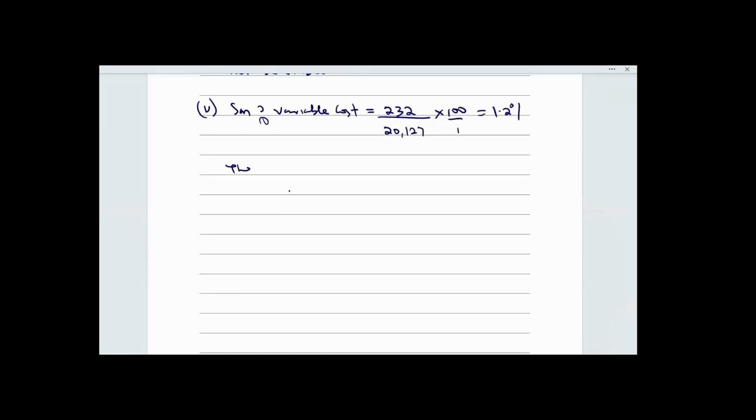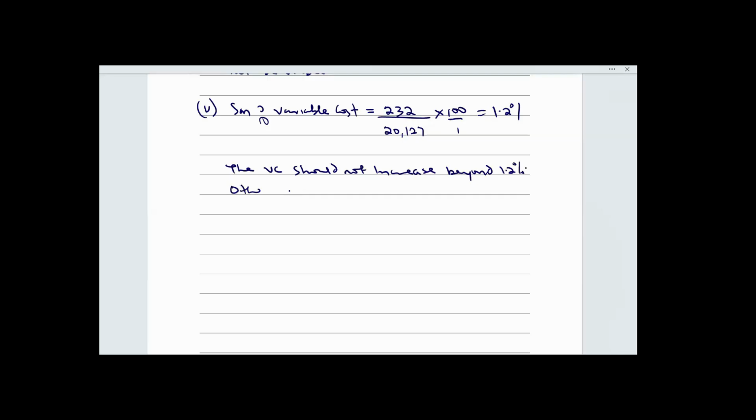So the variable cost should not increase beyond 1.2%.